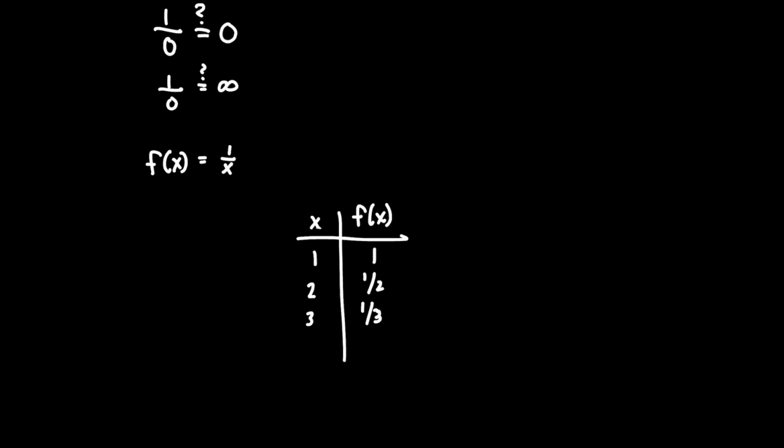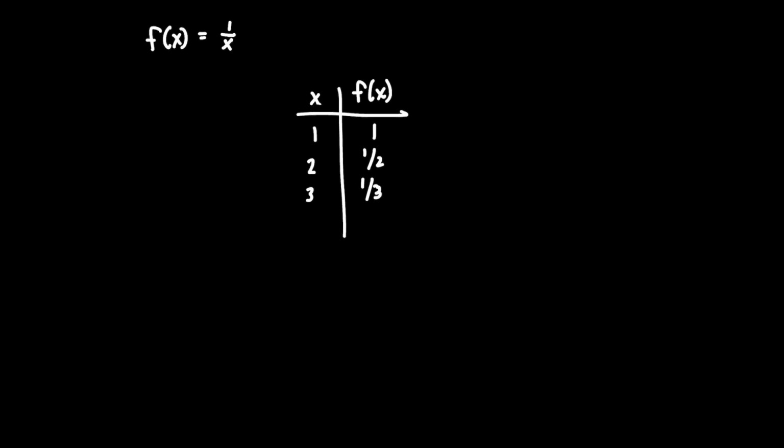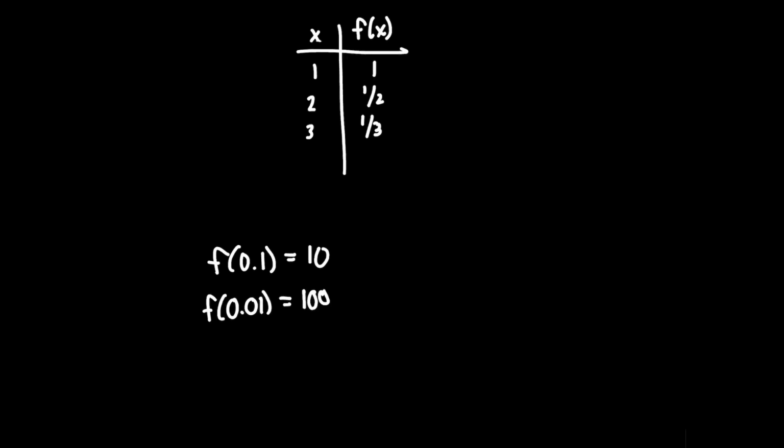When plugging in 0.1, we get f of 0.1 equals 10. Plugging in 0.01 gives us f of 0.01 equals 100. Plugging in 0.001 gives us f of 0.001, which equals 1,000.